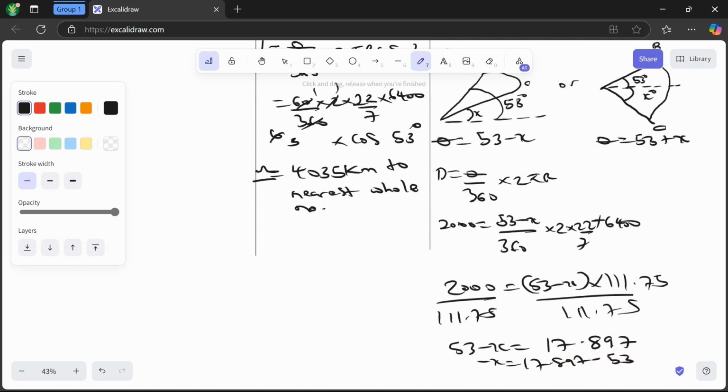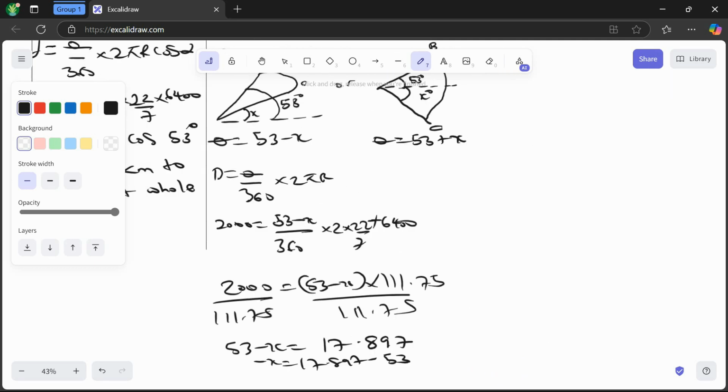So if I minus 53 from this, my minus x is minus 35.1 degrees, right? And if I divide both sides by minus, my x is 35.1 degrees.